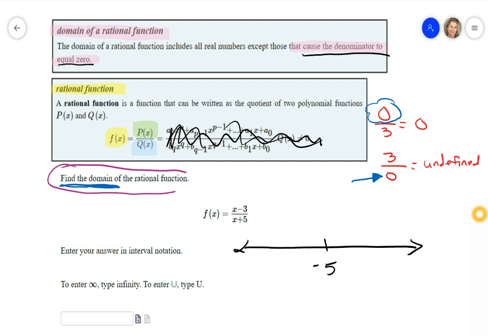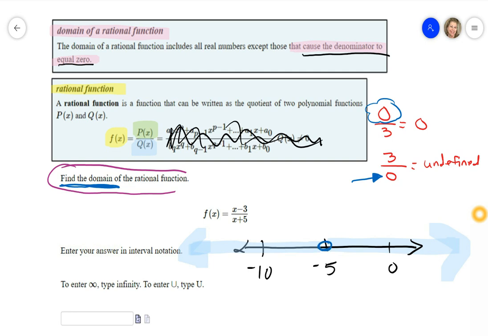Here's negative 5, down here somewhere negative 10, and up here 0. If I were to highlight every number that x could be, it would start way down here at negative infinity, come up to the negative 5 but not include it, then go to the other side of negative 5 and keep going to positive infinity. I cannot include the negative 5.